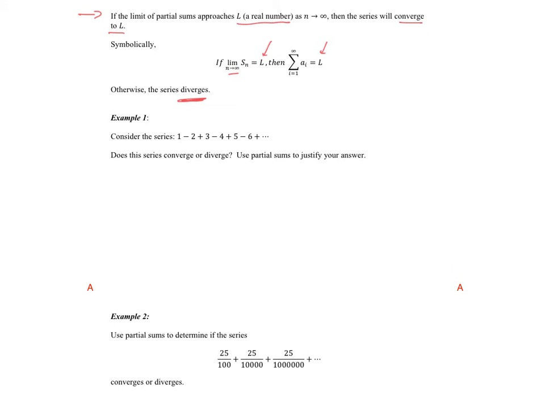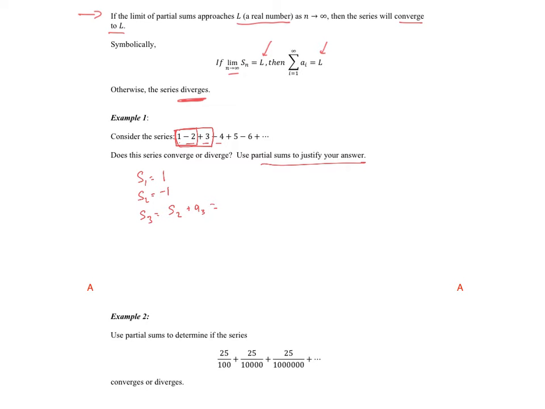All right, so over here we have a 1, then a minus 2, then we're going to add 3, then we're going to minus 4. If we use our partial sums to see what we have here, my S sub 1 is going to be 1. My S sub 2, adding up those first two, is negative 1. For my S sub 3, I could go back and add up these three terms, or I could take my S sub 2 that I just did and add on my third term, a sub 3.